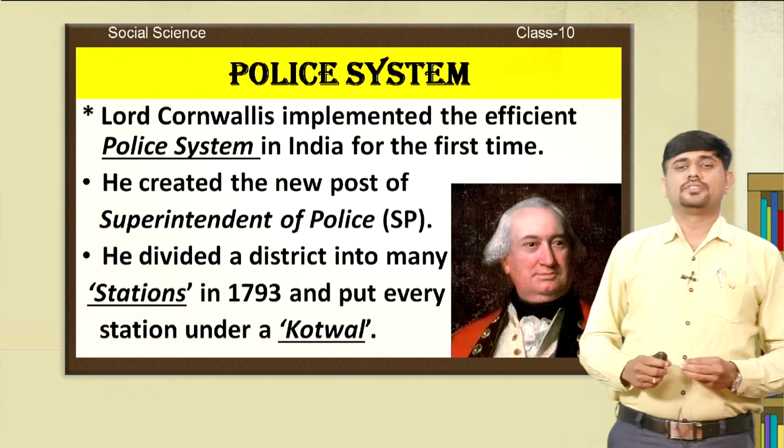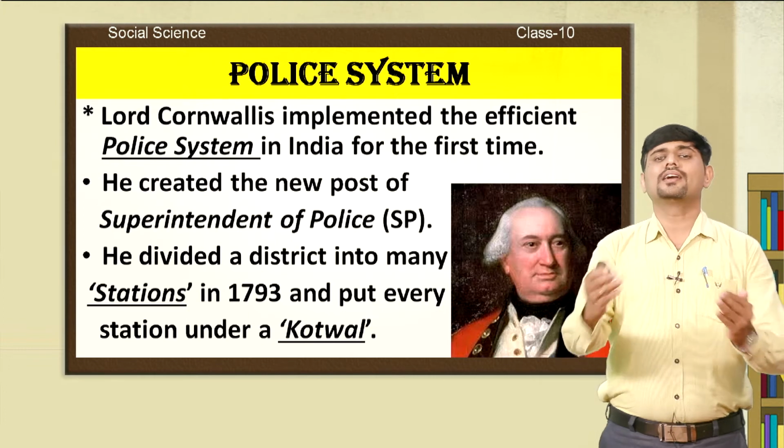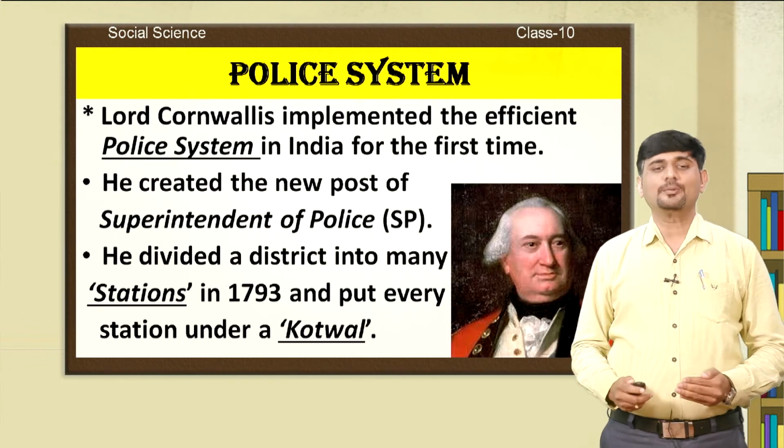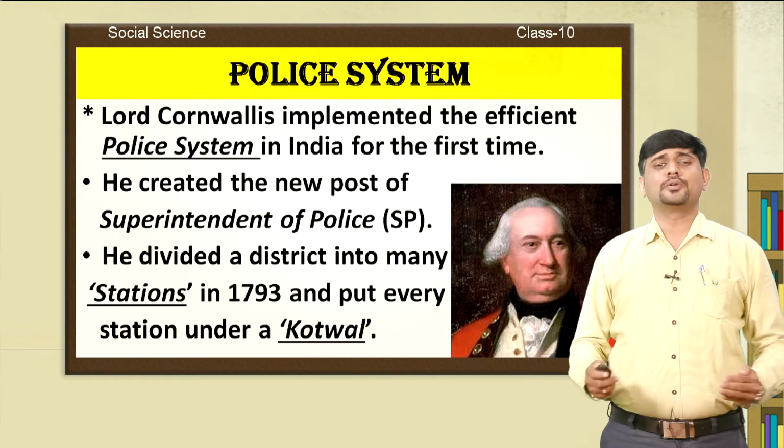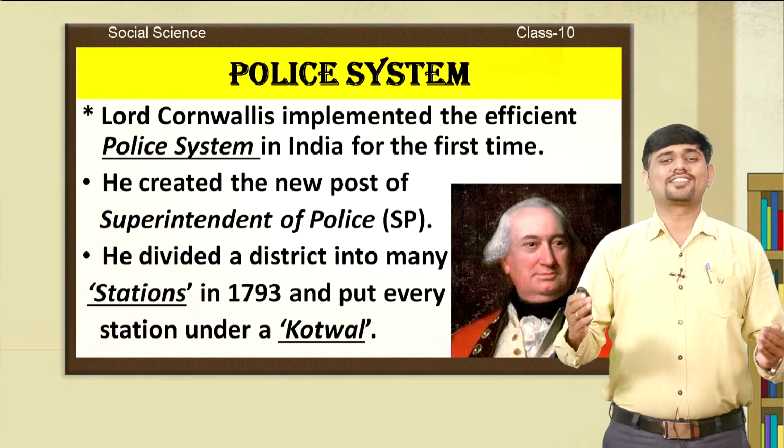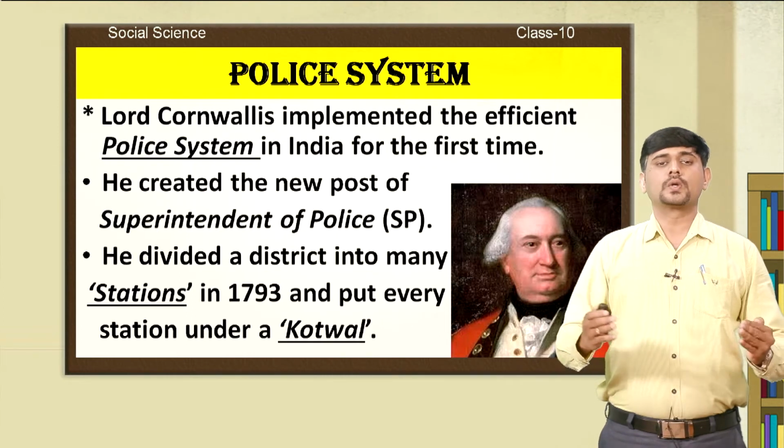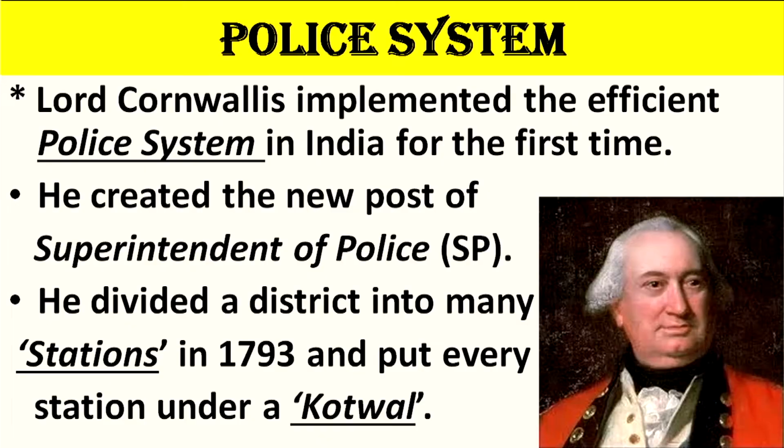Followed by the judicial system, let us learn about the police system of India. Dear students, the police system in India has its root with the British government. Lord Cornwallis implemented an efficient police system in India for the first time.